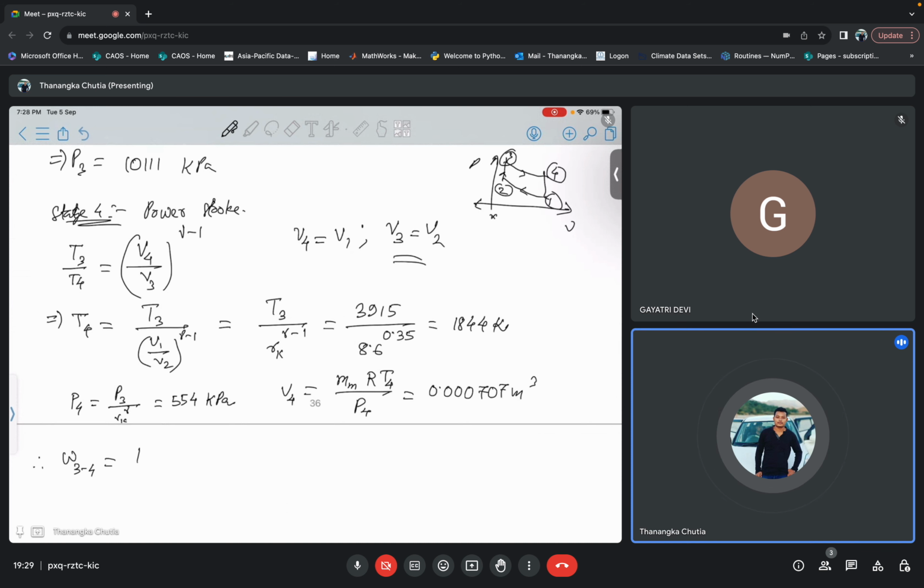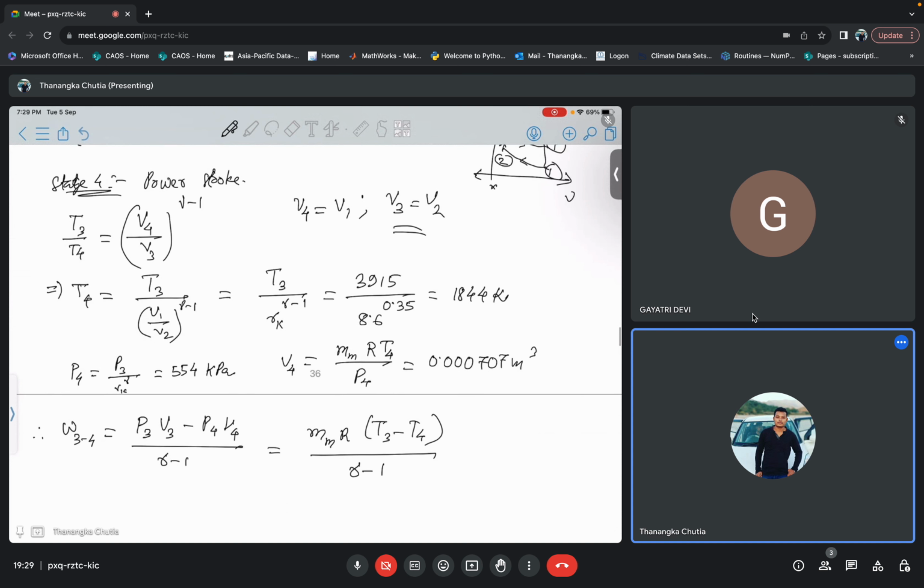Remember the adiabatic formula: P3 V3 minus P4 V4 upon gamma minus 1. This is the formula for adiabatic work done going from process 3 to 4. Another way of writing this, if it is an ideal gas, is m R times T3 minus T4 divided by gamma minus 1. Now if we put all these values, you'll get 1.257 kilojoule.